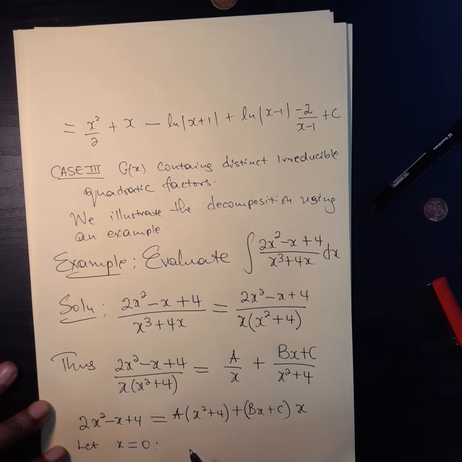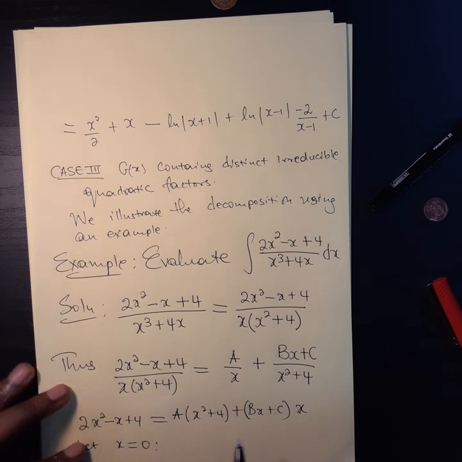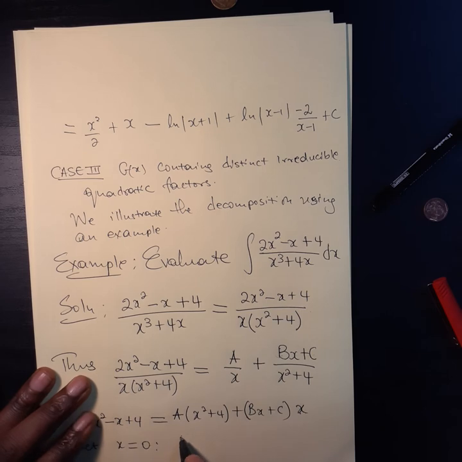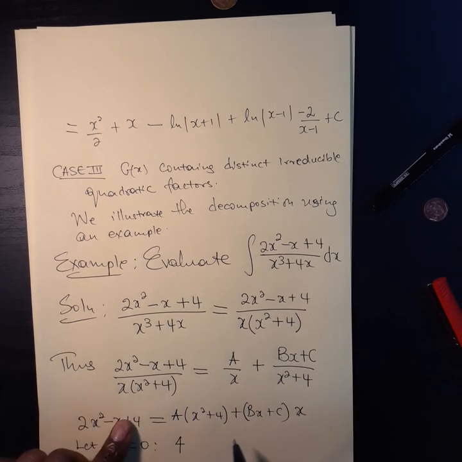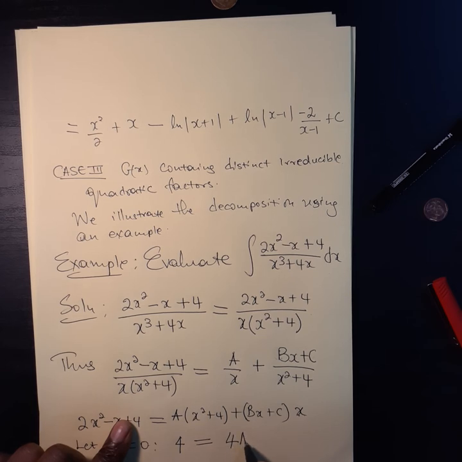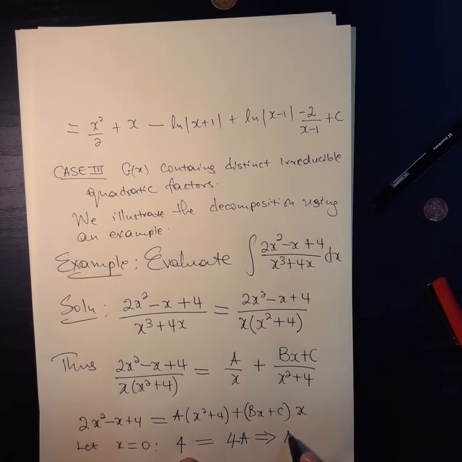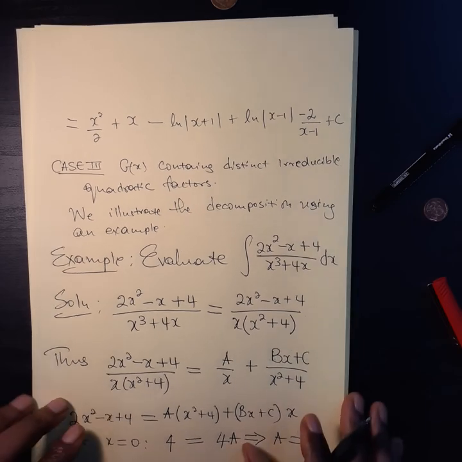Okay, let us see how far we can go. This will be 0, so it will be a 4 here. And this side, this is 0, this is 0, this is 4a, which implies that a is equal to 1 for that matter.